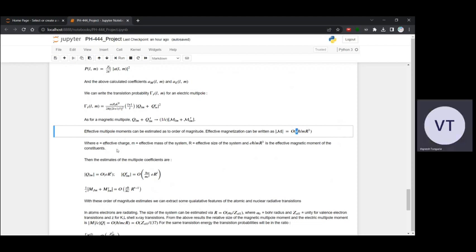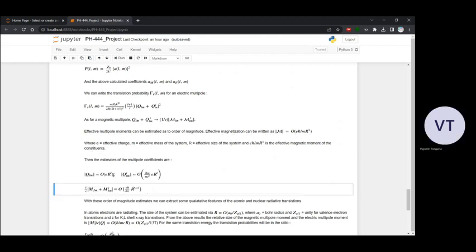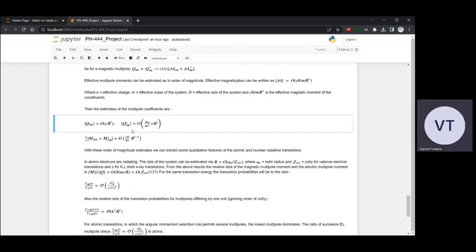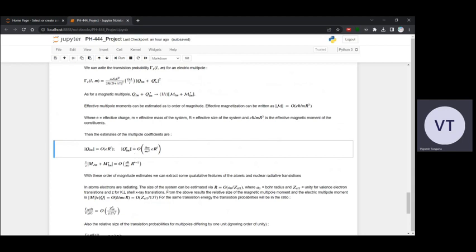Then, using these estimates, we can further estimate multipole coefficients to be in this form, where you can see that the Q_LM dash, the induced electric multipole due to magnetization, becomes much smaller than this part, because M C square is much larger than h omega.